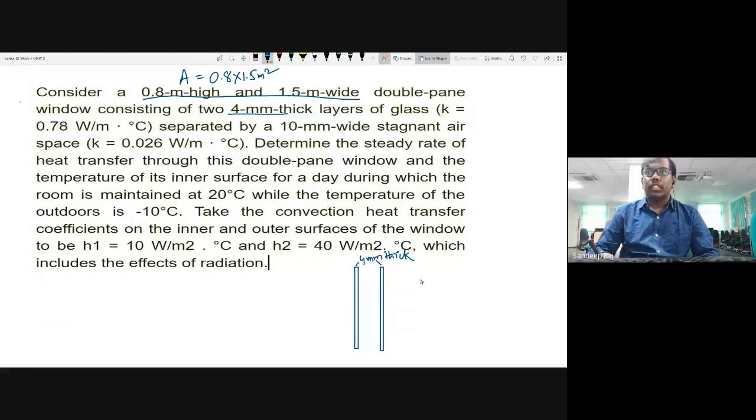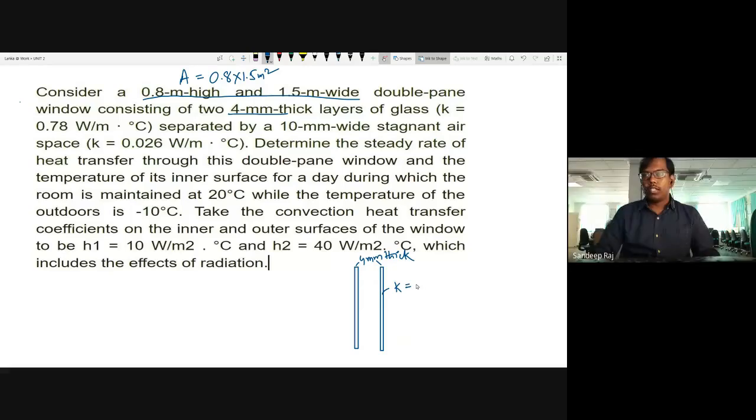Then this is a glass having K equal to 0.026 watt per meter Kelvin. And then you have H1 and H2. The H1 value is on this side. The H1 value is given as 10 watt per meter square degree centigrade, which can also be written as Kelvin.